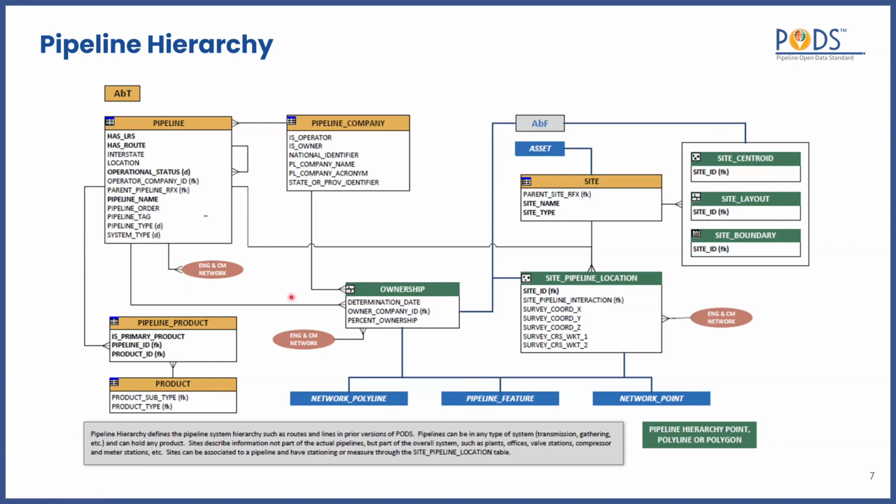All right. So now I'm going to talk about the pipeline hierarchy. Pipeline hierarchy section is pretty important, obviously, because I need to know who owns my pipeline, who operates my pipeline. I need to know the product in my pipeline, what's the primary product, things like that.